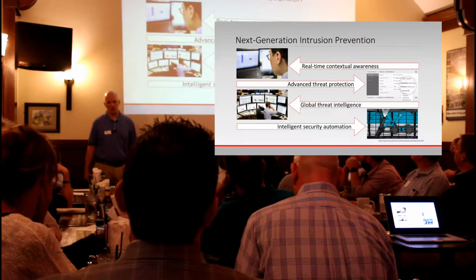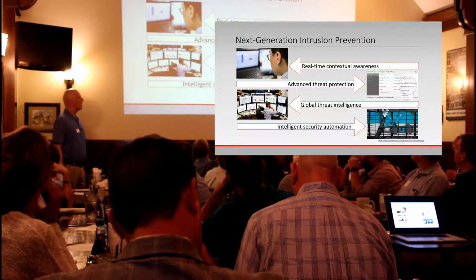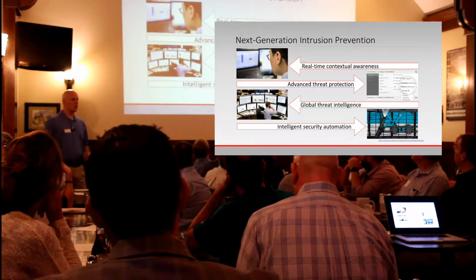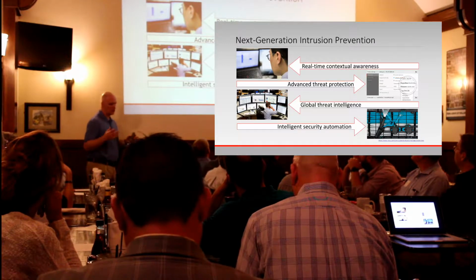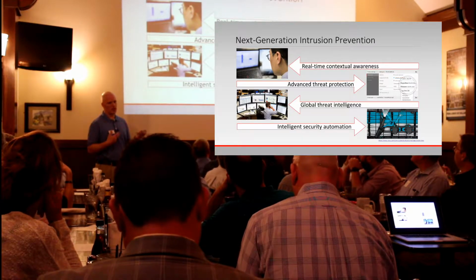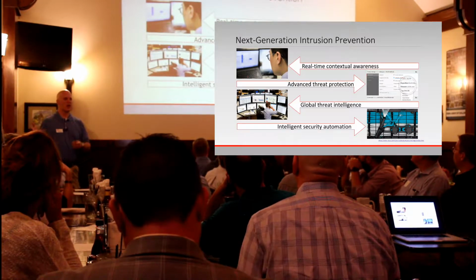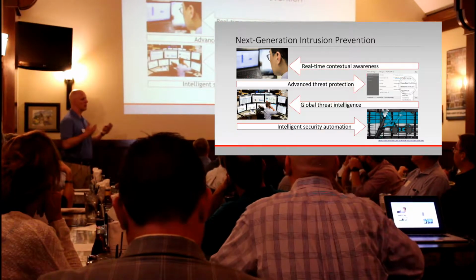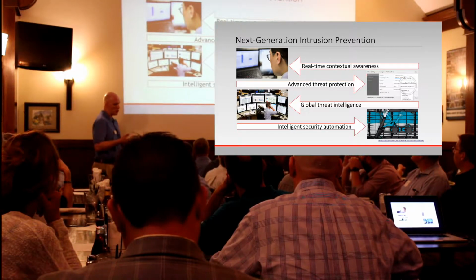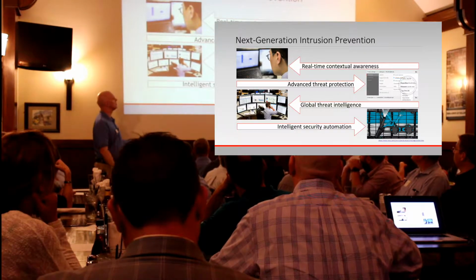Next generation intrusion prevention. Again, real-time contextual awareness. Contextual awareness means not just watching those data streams going by for signatures, but where it's coming from, where it's going to, what time of day, what else is involved. That's context, and that context gives you greater accuracy, fewer false positives.